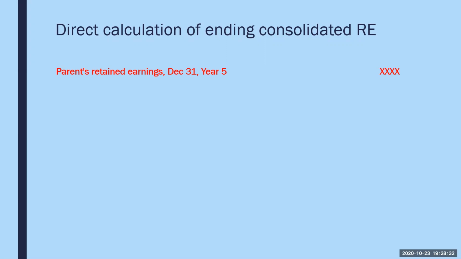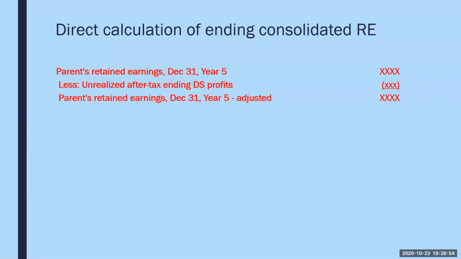So, if you were doing this calculation for year five, start out with the parent's retained earnings at December 31st, year five, directly, and subtract the unrealized ending downstream profits after taxes to get the parent's adjusted retained earnings as of December 31st, year five.